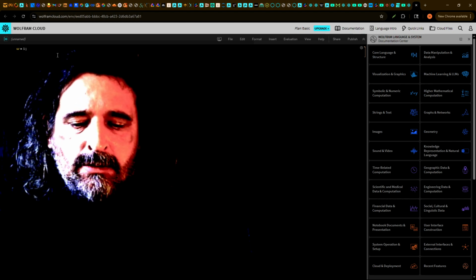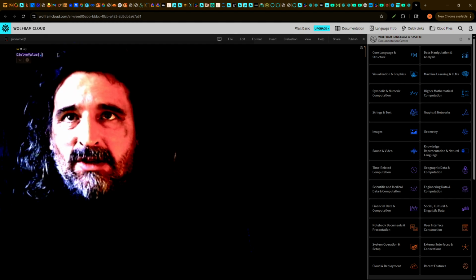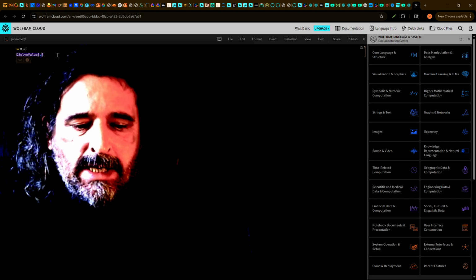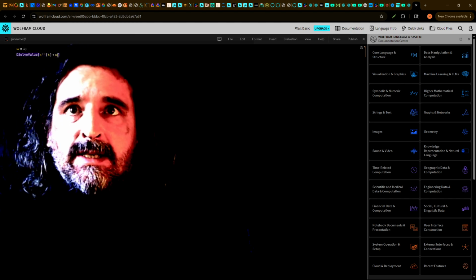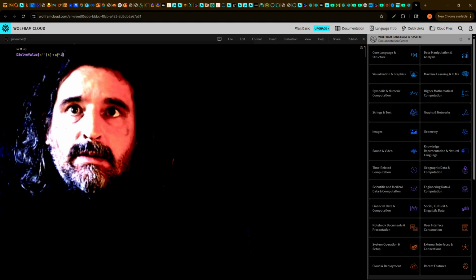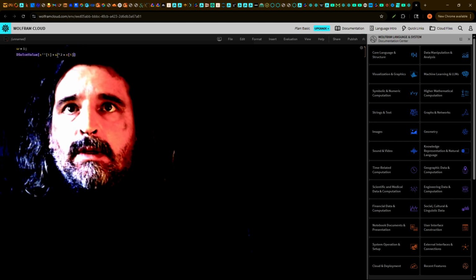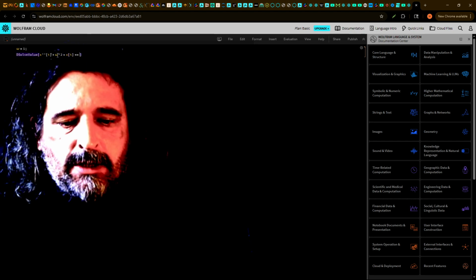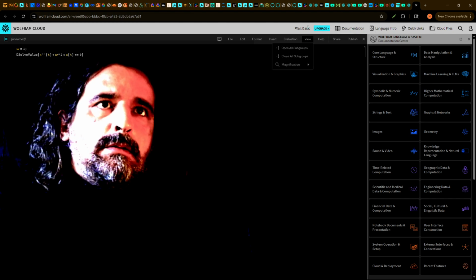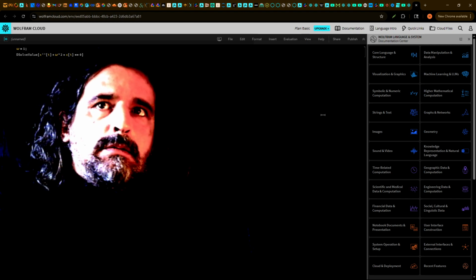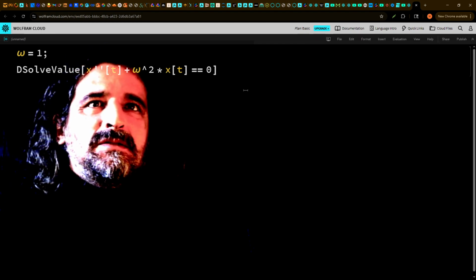And our equation is gonna be the following: x double prime of t plus omega squared times x of t equal to 0. That is the equation. Let me increase the magnification so you can see it well. Yes, a huge magnification.